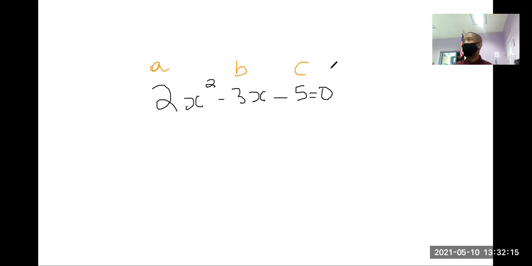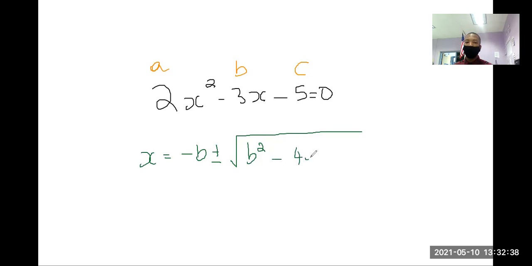So we take our quadratic formula if we're trying to find the solutions for this or the roots of this function, and we say x is equal to negative b plus or minus the square root of b squared minus 4ac divided by 2a.